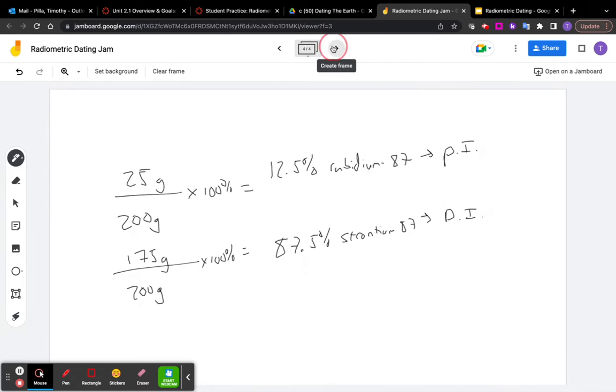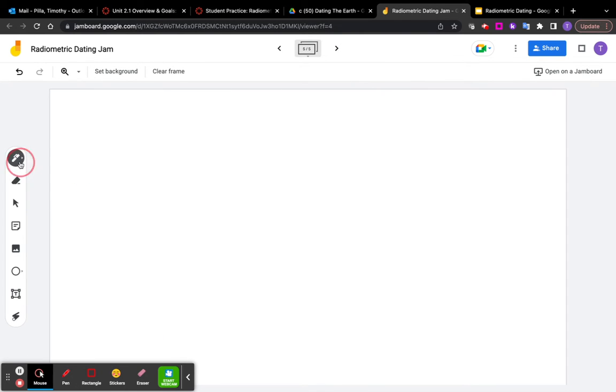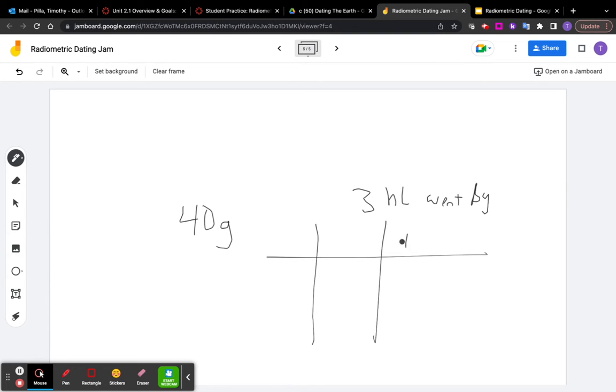Let me see what we got here. So let's work backwards. Let's say I want to do a different problem because I don't want to give you the answer. Let's say you had 40 grams and 3 half-lives went by, right? All right. So we can still make our table, except this time we're not going to fill it all out. We have grams of the parent isotope instead of percent.